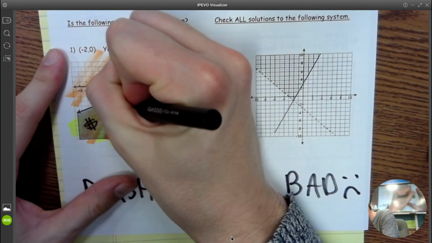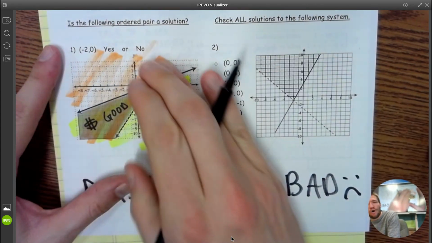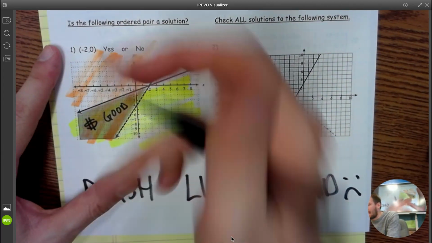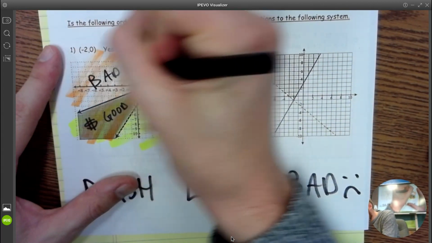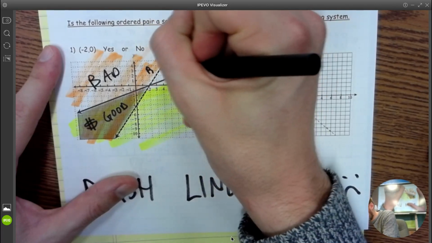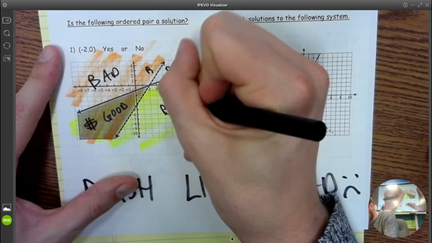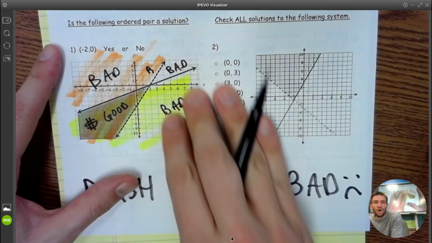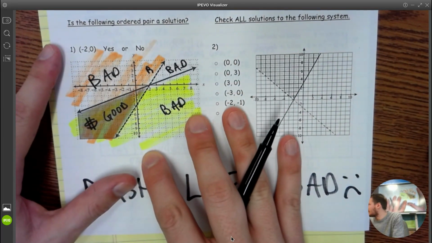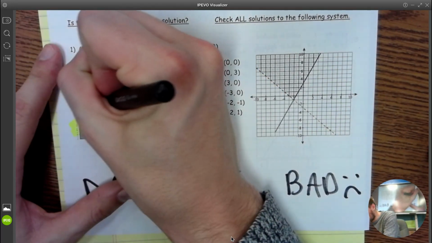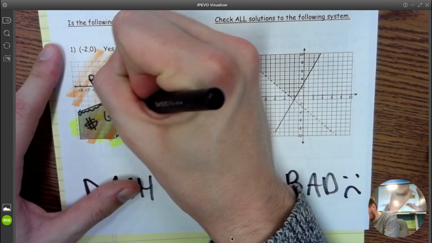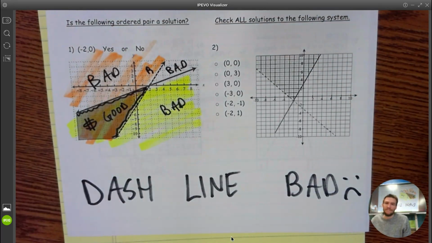This is the good side. And all the other ones are all bad, right? This one right here is bad. This one right here is bad. This one right here is bad. All of this is all bad. The only good section is that corner right there.